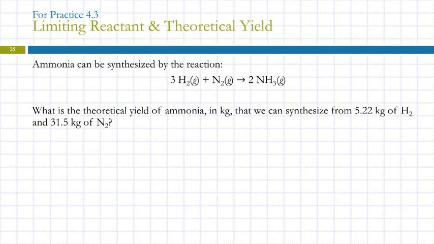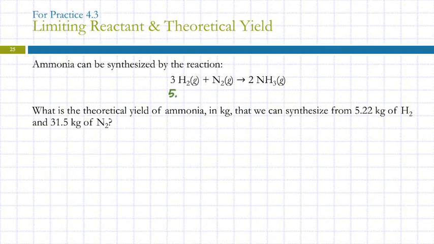Ammonia can be synthesized by this reaction. What is the theoretical yield of ammonia in kilograms that we can synthesize from 5.22 kilograms of hydrogen and 31.5 kilograms of nitrogen? So again, I am going to take my numbers and write them under my chemical equation. So 5.22 kilograms of hydrogen.